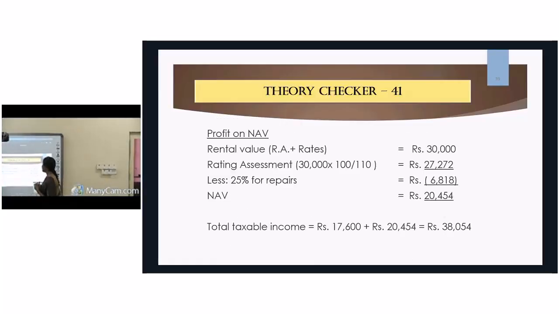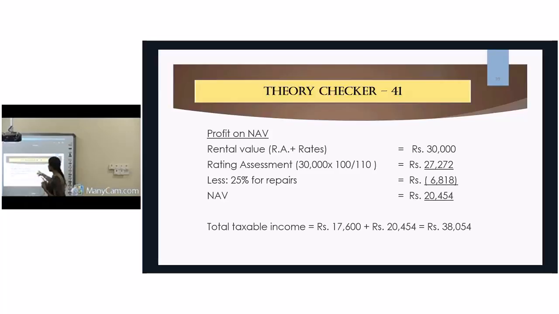Rental value means the rating assessment plus rates. They have given this straight away as 30,000. Normally rental value means the rating assessment plus rates. In some questions they give the rating assessment directly. In that case, it means the rating assessment plus rates are included. But in order to calculate the NAV, you need the rating assessment, because from the rating assessment you are going to deduct the 25%.